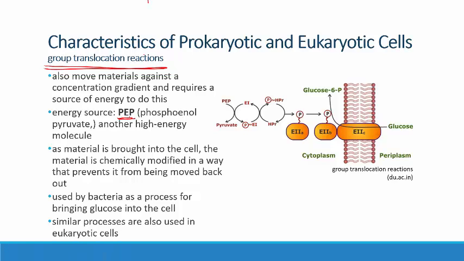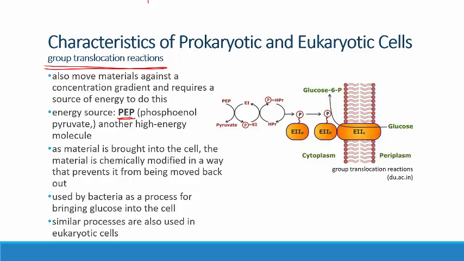It's called PEP, or phosphoenol pyruvate. And it's another high energy molecule, similar to ATP in that it carries lots of energy in its chemical bonds. So group translocation reactions also move materials against a concentration gradient, and use PEP as the energy source to do this.